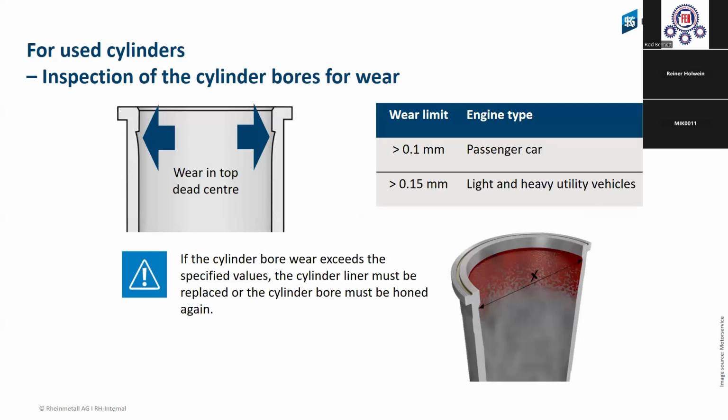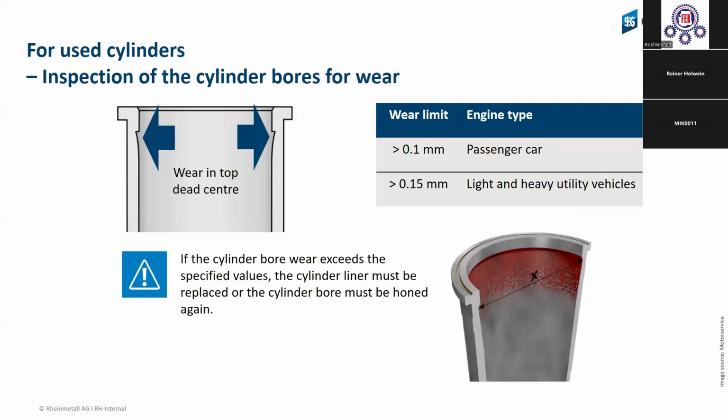We have the highest pressure behind the ring because of the combustion pressure. And when we have the highest pressure behind the ring and the ring is not moving, then the ring presses this oil film, that's what I said before, this 1 to 2 microns, completely down.